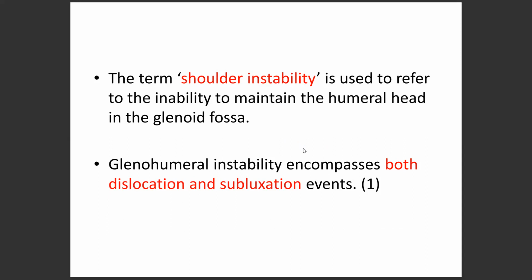This shoulder instability may be both dislocation and subluxation. If it has completely left its glenoid fossa, it will be termed dislocation. And if it has left partially, meaning some of the glenoid fossa still has contact with the humeral head, partially outside and partially inside the fossa, it may be termed subluxation.